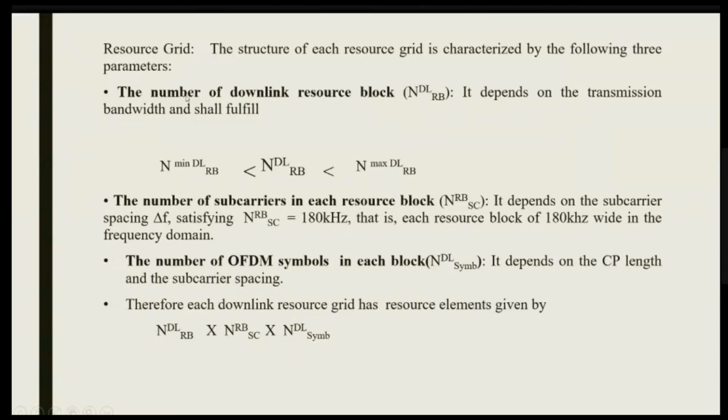Considering all these 3 parameters, the total downlink resource grid has a total number of resource elements given by the number of downlink resource blocks multiplied by the number of subcarriers in each resource block and the number of symbols in a downlink slot. So this formula gives you the total number of resource elements present in the downlink resource grid.